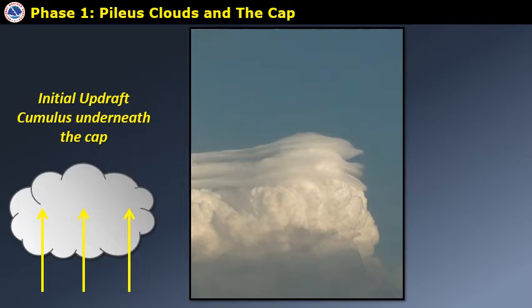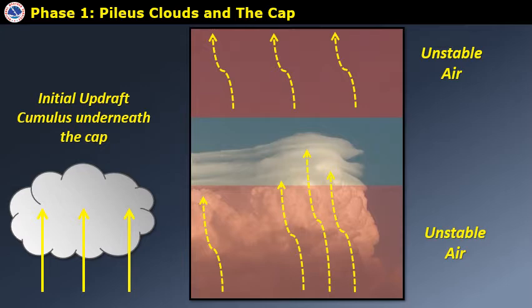When initial updraft cumulus develops beneath the cap, it forms in a region of unstable air. Now, the cap represents a region of very stable air, and generally a region of very unstable air exists above the cap.